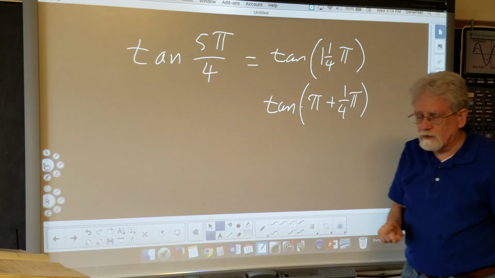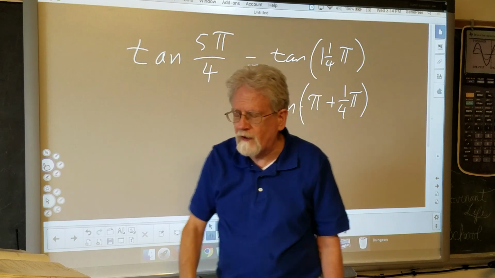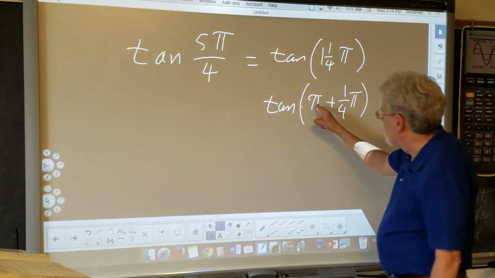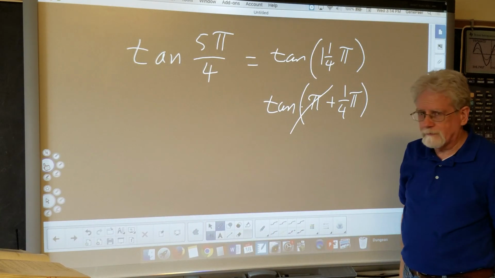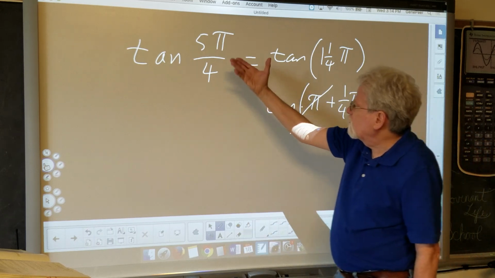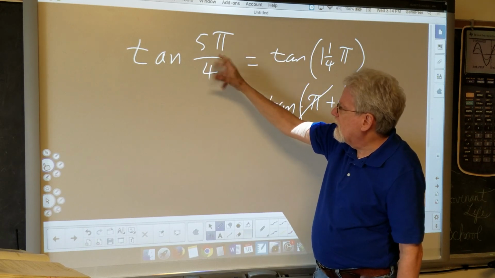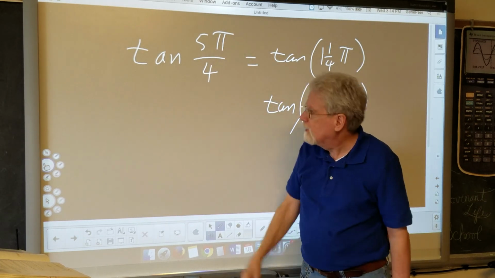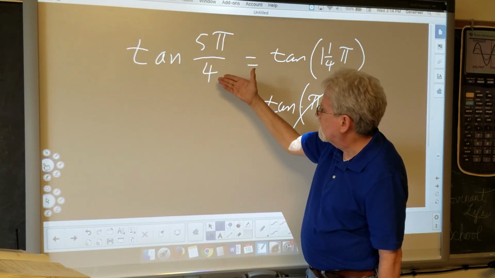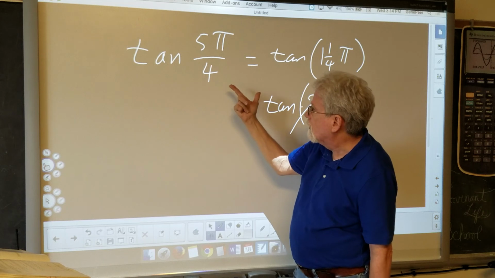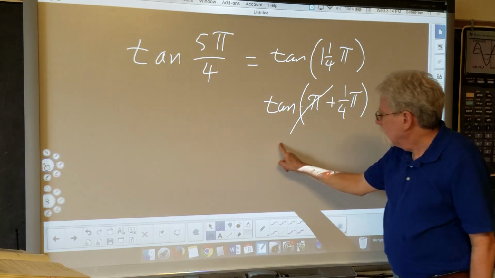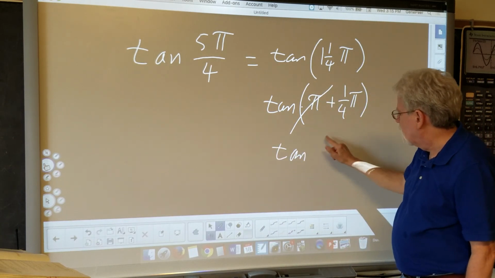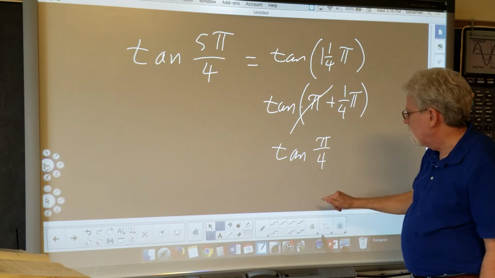With tangent, we toss out any multiples of 1 pi. Well, there's a multiple of 1 pi, toss it out. So we extract 1 pi or 2 pi or 3 pi or 4 pi out of this and see what we're left with. If I take 1 pi out of this, I'm left with 1/4 pi. So I'm finding the tangent of 1/4 pi.